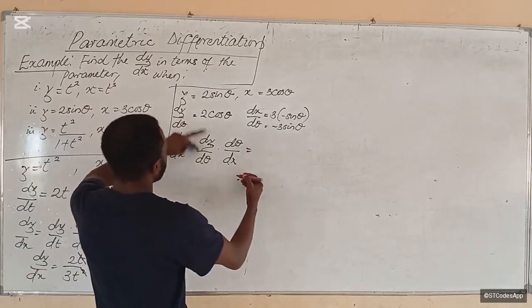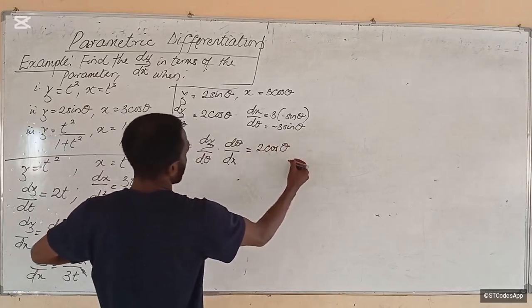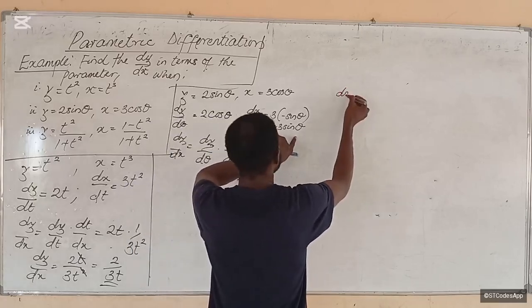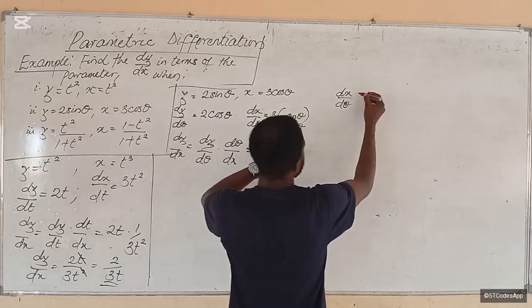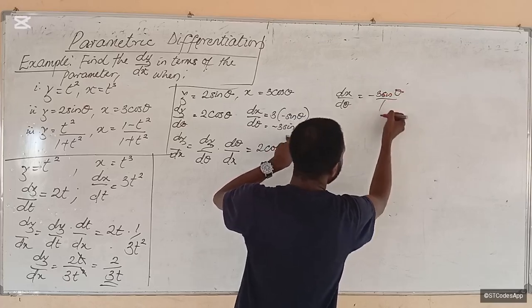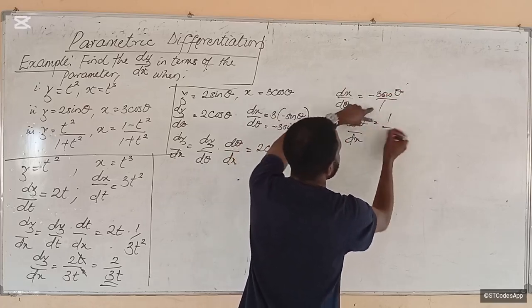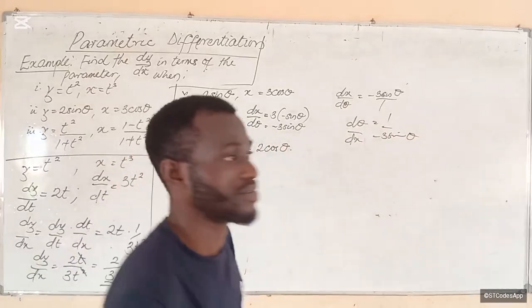So dy/d theta becomes 2 cos theta multiplied by the inverse of this. Let me just put that for people that might be confused: since this is equal to minus 3 sine theta over 1, then d theta/dx, by the time I reverse this, I also reverse this. Does that make sense? So that's what I've been trying to say.